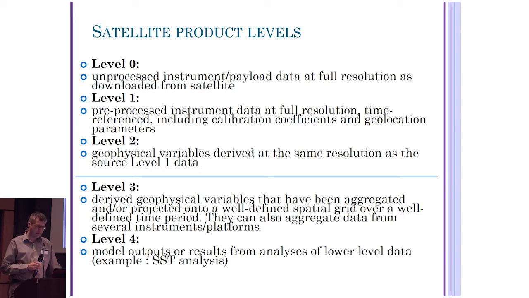To go to level 3, the level 2 data are then aggregated or projected onto a spatial grid, and sometimes they also have data from several instruments and platforms combined together. And level 4 is when you do an analysis of the data, for example, to fill in gaps due to cloud.